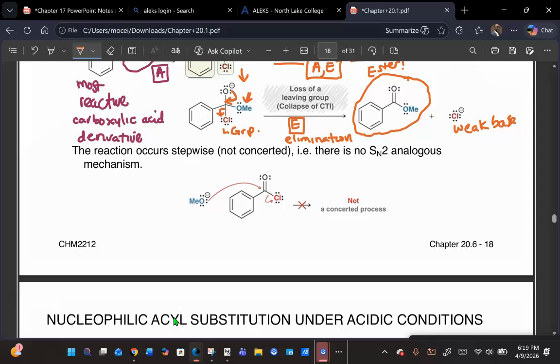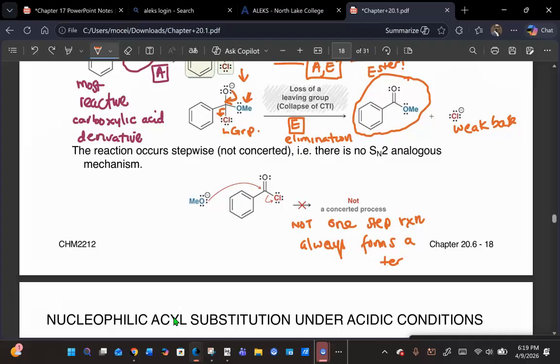It's telling you that it's not a one-step reaction. You know why? Because we always form a tetrahedral intermediate. You have to go through the tetrahedral intermediate. There's no escaping. Excuse my handwriting, I've been writing since morning, non-stop.